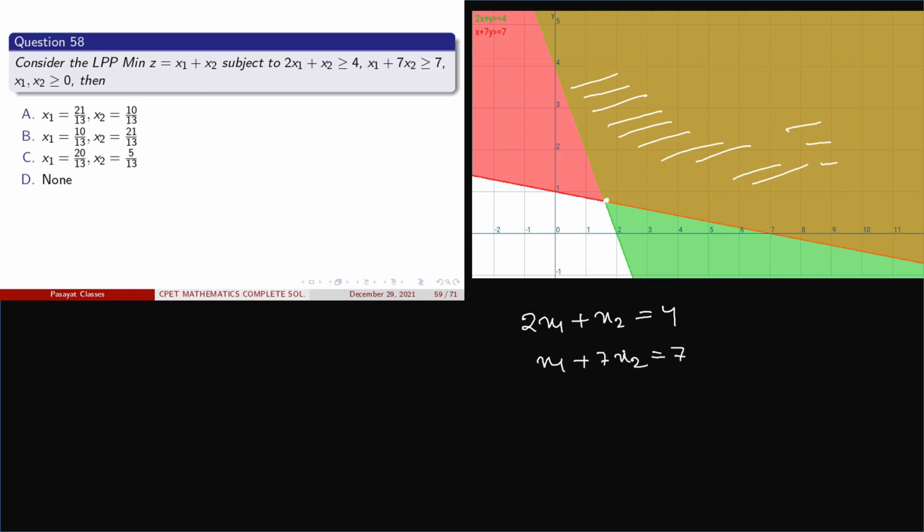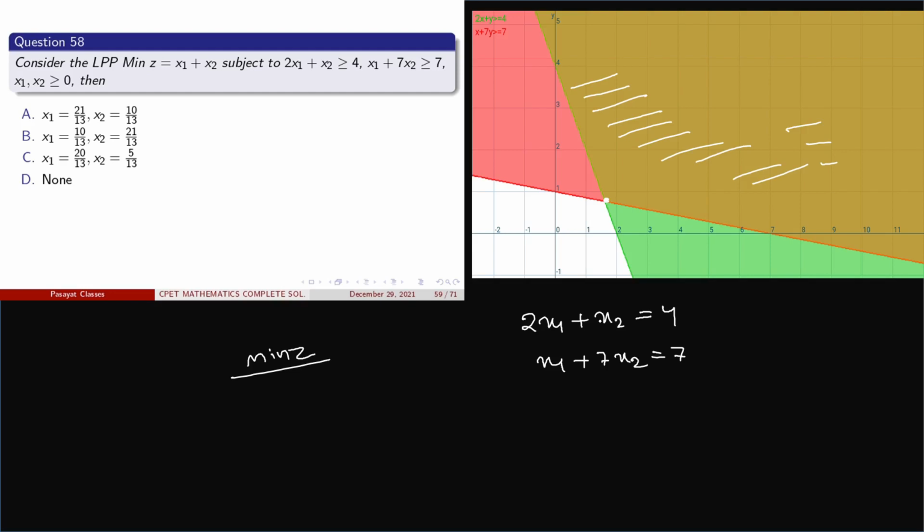And observe that we have to find the minimum quantity. What is the minimum value of z? From the feasible region, we can conclude that this point gives the minimum value, and this point is the intersection point of these two equations. So on solving these two equations, we get the value.